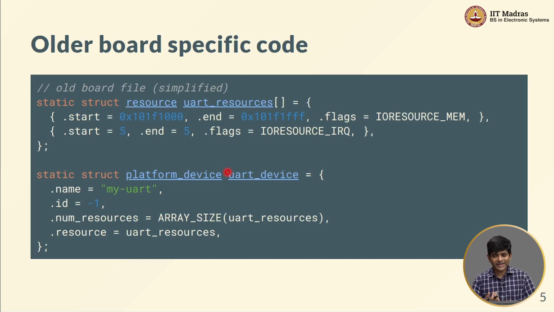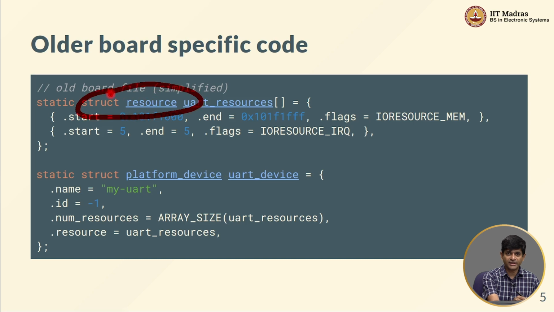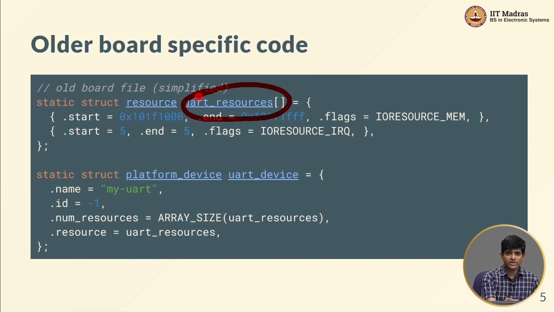So before we get into the details of what a device tree specification looks like, this is roughly what code would have looked like before the device tree idea was implemented, right? There would be some C code somewhere in your kernel itself where you would have some kind of a struct, a typedef, right, where we specify the resources used by a UART, right. And you can see the kind of resources that I am specifying.